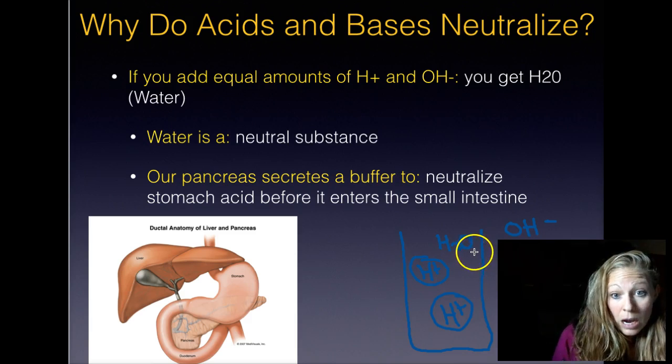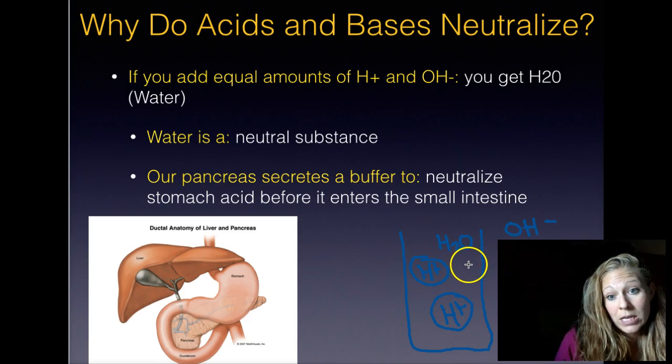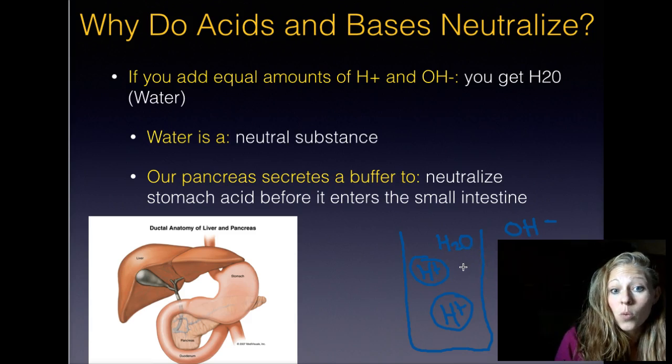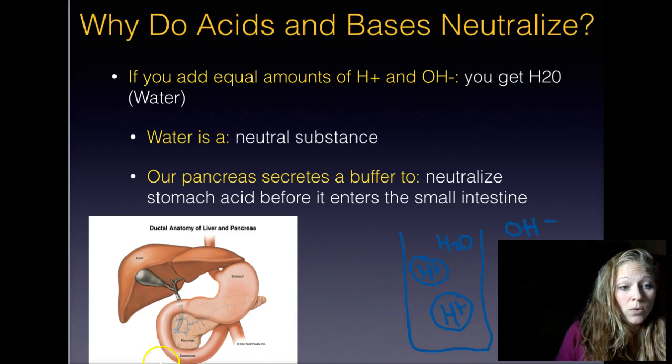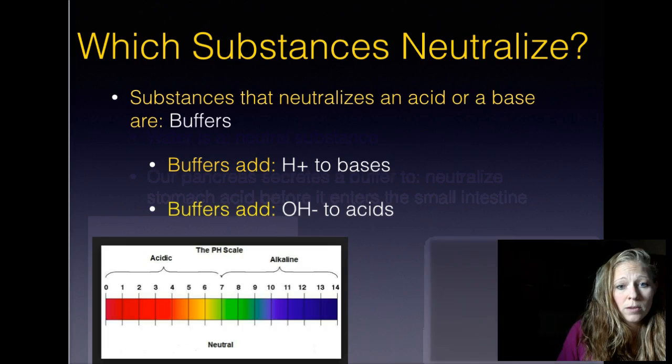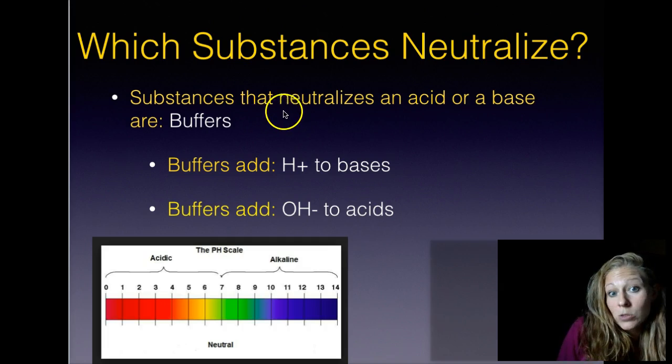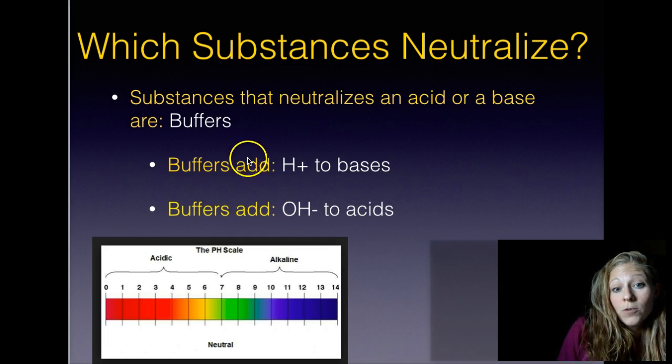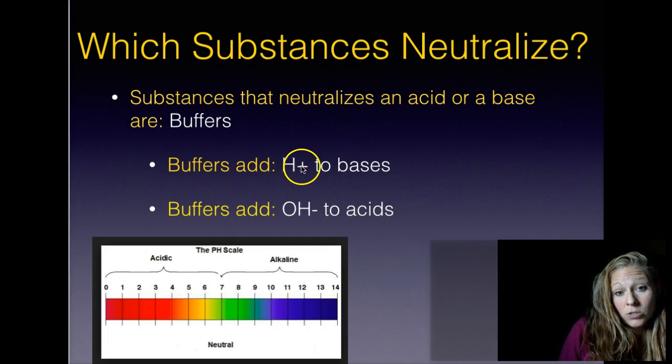We see this buffer or neutralizing agent in our stomach. We actually make a substance that buffers or neutralizes our stomach acid before it enters our small intestines. A substance that neutralizes an acid or a base is a buffer. So if you have a substance that adds H positive ions, or hydrogen ions, to bases, it's a buffer.